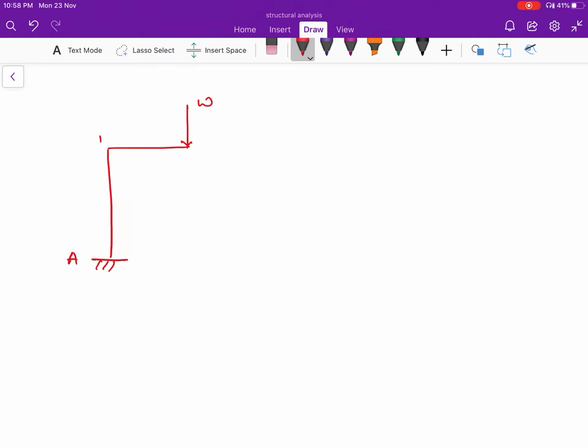Let me take the points as A, B, and L. And this distance will be equal to H, and this distance will be equal to L.